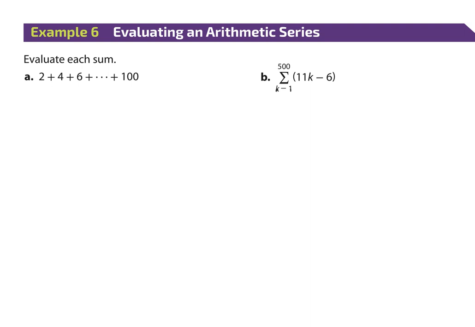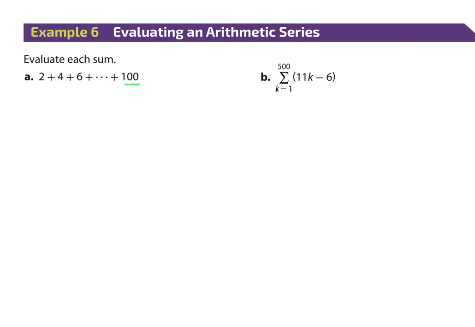What's my common difference here? 2, right? And so a couple things I don't know. I mean, hopefully you can figure it out logically, but let's say this is not an easy one to figure out logically. I really need to know how many terms I have, all right? Now, 2 to 100 by 2s, you can probably figure out how many terms you have, right? But let's say you don't know. Well, you can figure out which term this guy is. That will tell you how many terms you have, right?